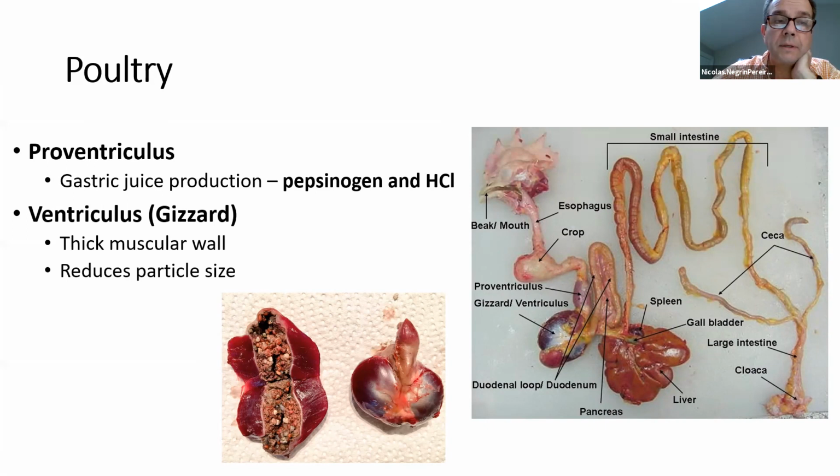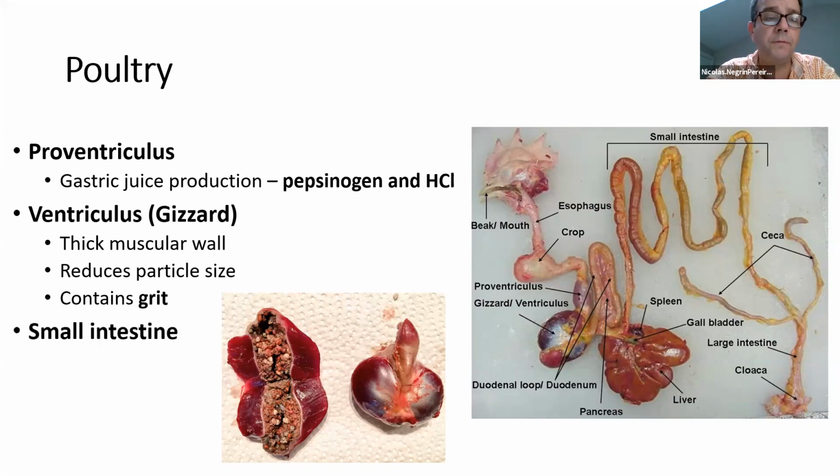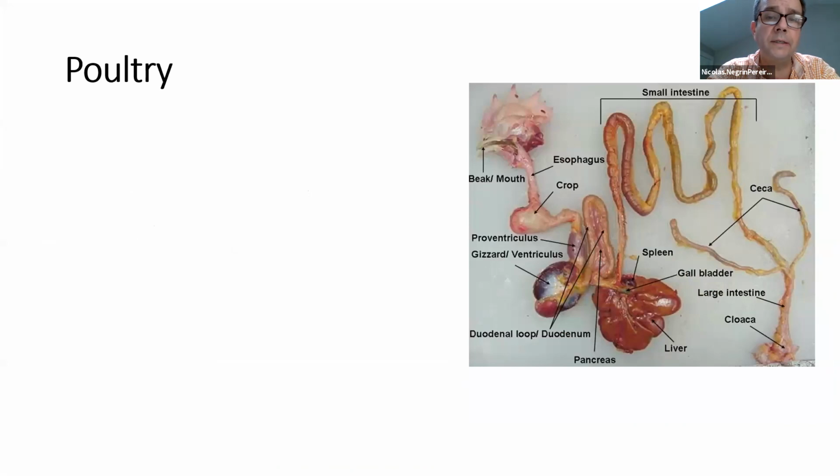It fulfills an important mechanical function, reducing the particle size of the feed, and contains the grit, little small stones that are acquired by the animal and contribute, through the muscular contraction of this pouch, to the grinding of the feed, followed by the small intestine.